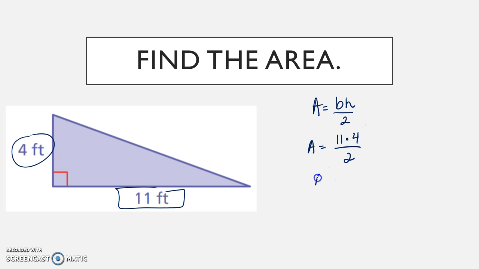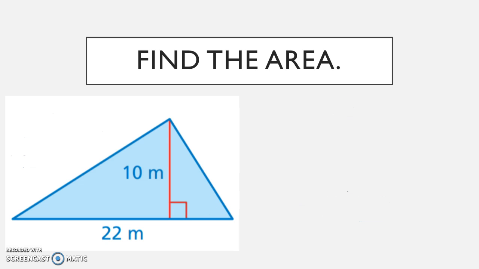Divide that by 2. So we get 44 divided by 2, which is 22, and then our label is feet, and then area is always squared. So here the area of this triangle is 22 feet squared. So we multiply base and height, and then take that value and divide it by 2. Cut it in half.